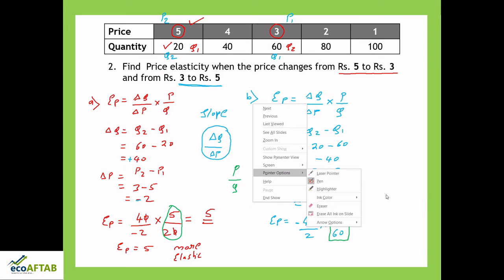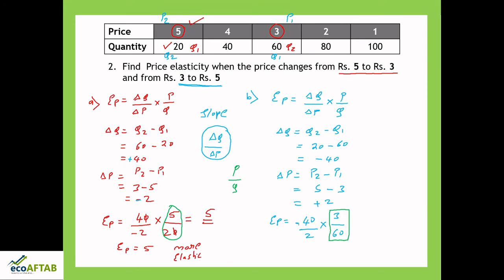So, here this 0 and this 0 cancel. So, 4 3s are 12, 2 6s are 12, and this will be minus and this will be equal to minus 1.